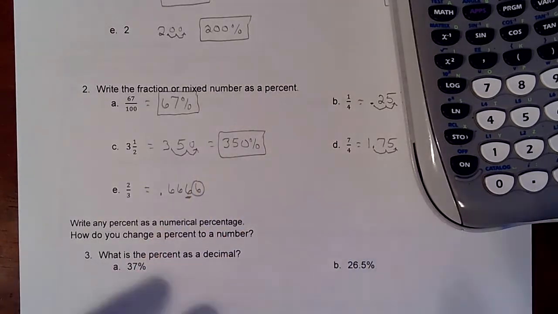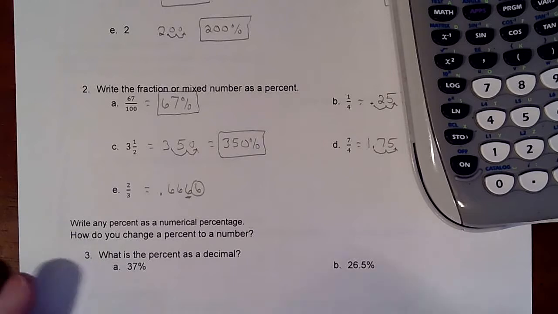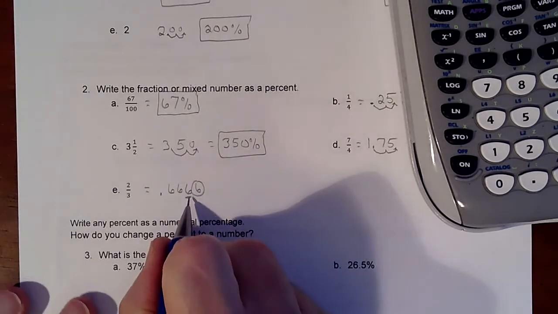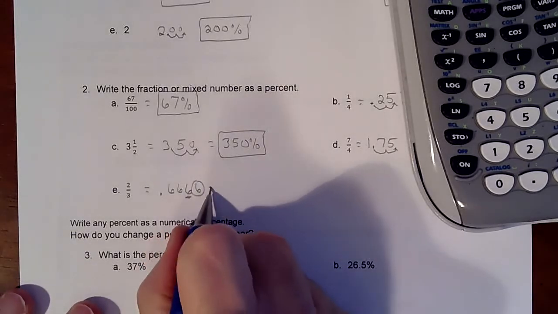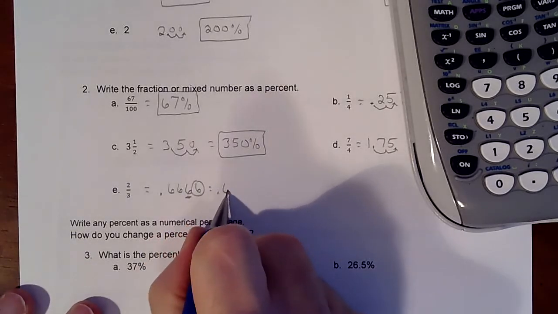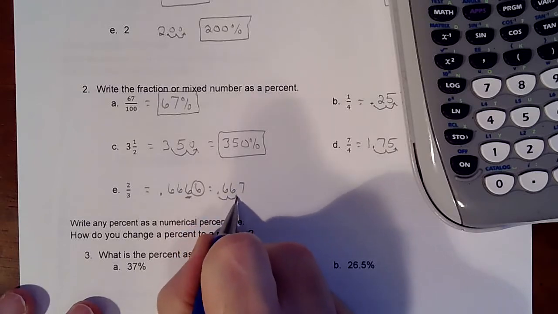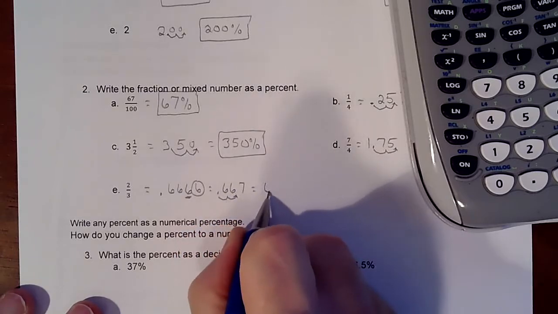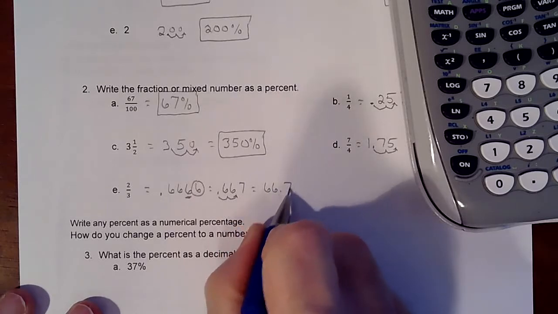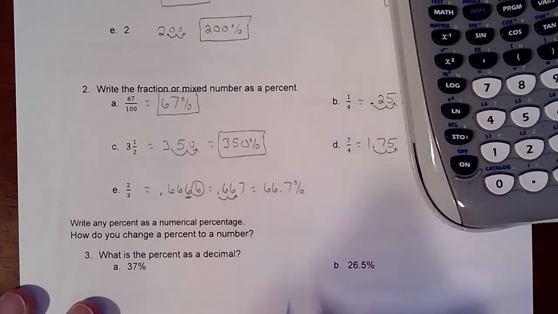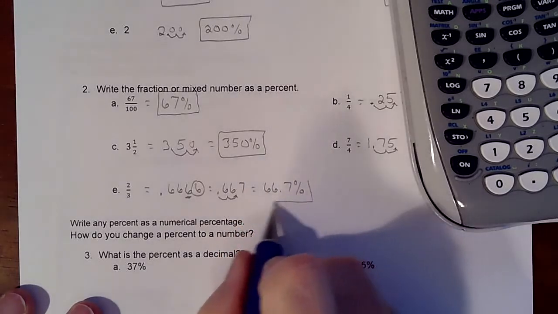Really I take it to 4 decimal places, but then I round it to 3 decimal places. So that 6 is going to make that a 7. So we're looking at 0.667. And now we can move the decimal 2 spots, which is 66.7%.